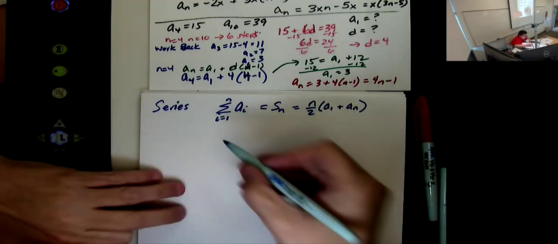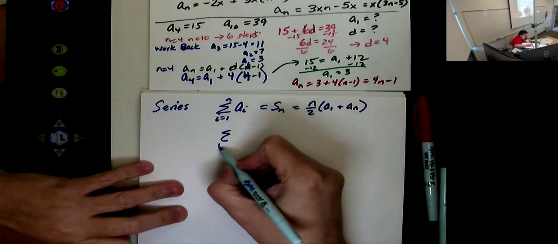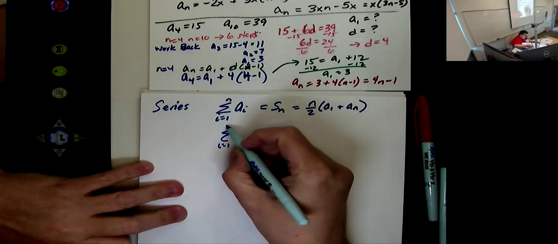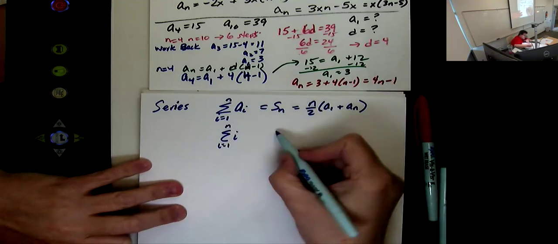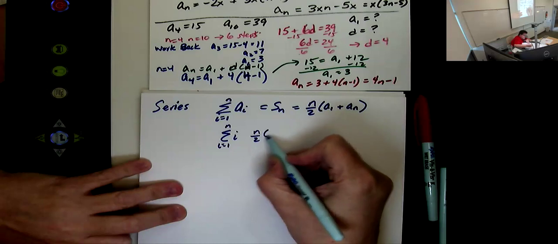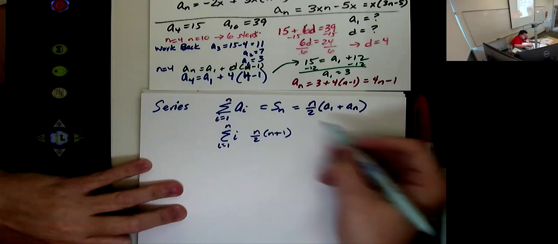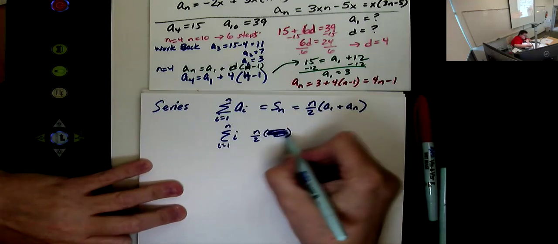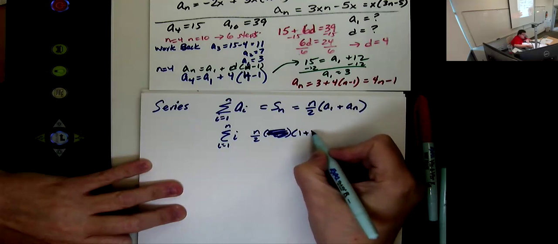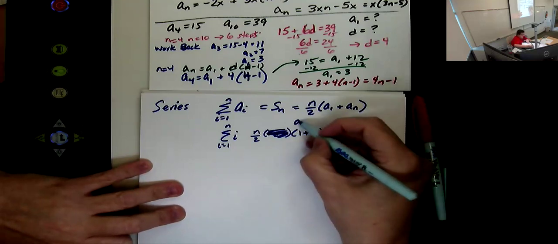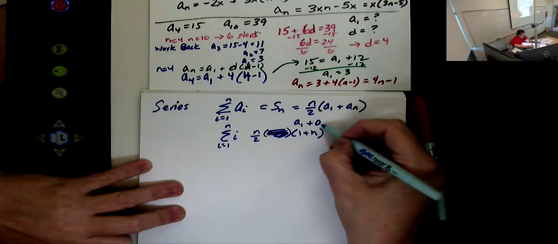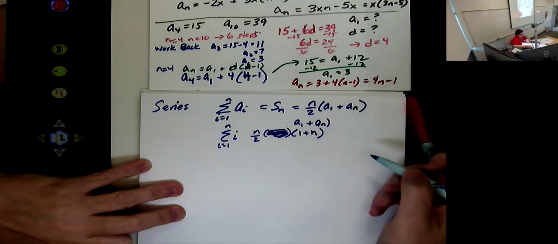This is very much like doing the sum from i equals 1 to n of i and getting n over 2 times n plus 1. Or maybe I should say 1 plus n, because that's a sub 1 and that's a sub n. So it's the same thing.